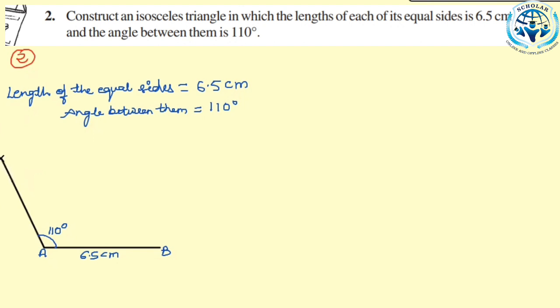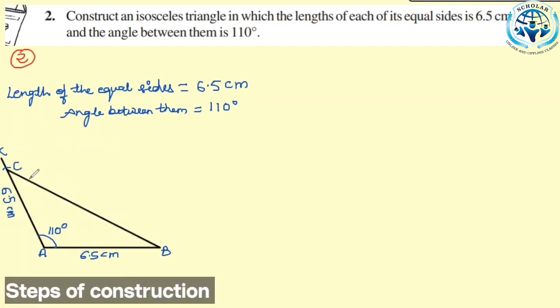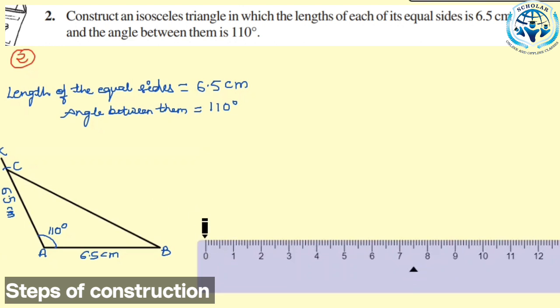And now we will join B and C to make the side BC. This is the required triangle.